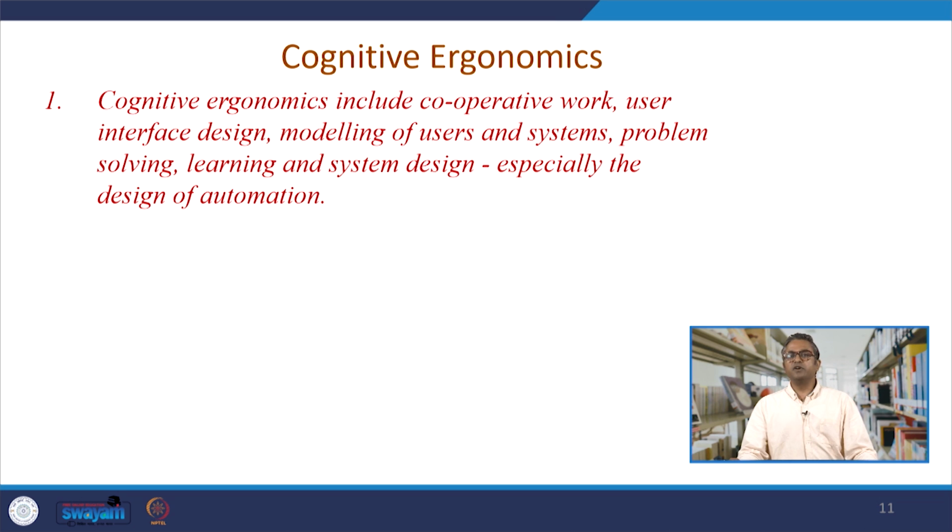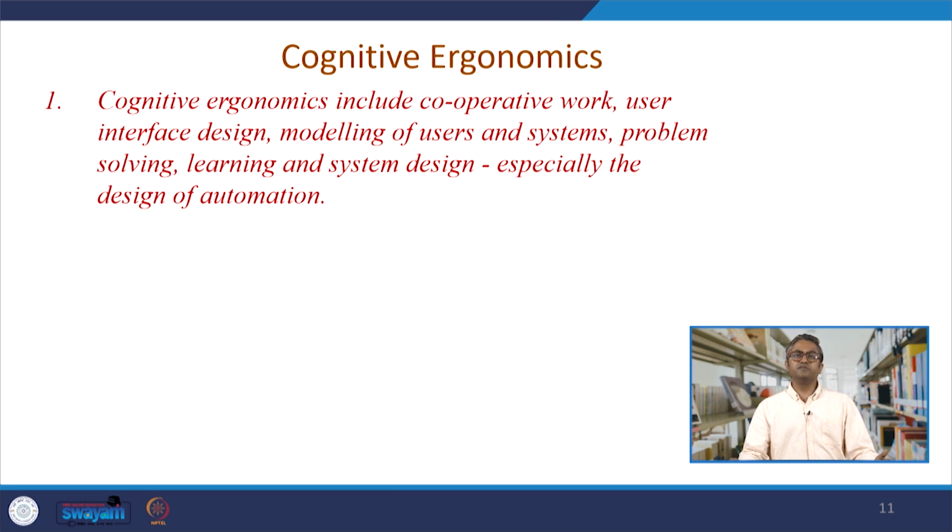So, in cognitive ergonomics, the user interface design, modeling of the user's system, problem solving, learning, and system design, especially the design of the automation system, are important. Who is handling the system? The humans. The humans are the users. The user can be naive, intermittent, or an expert.